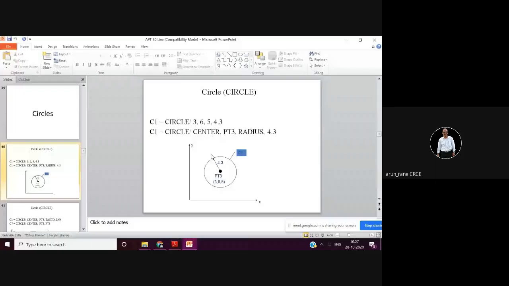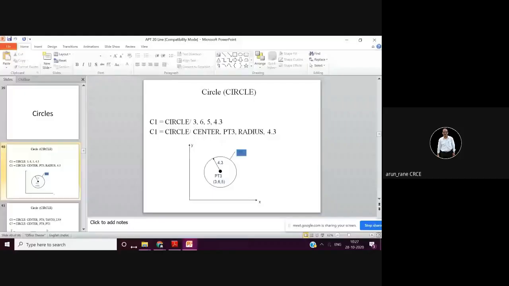Either you can define this point P1 as say 3 comma 6 comma 5, simply write the coordinates here, 3 comma 6 comma 5, and then mention the radius. Now radius here is 4.3, and remember this sequence is important. This order is important. 3 comma 6 comma 5, because this will be considered as x, then y, and then followed by the radius.